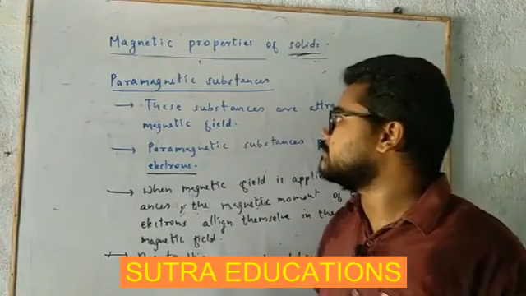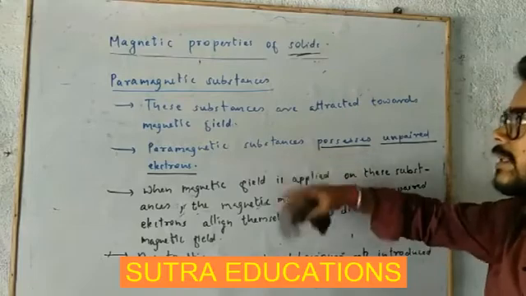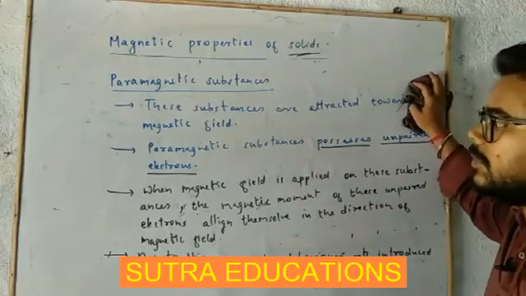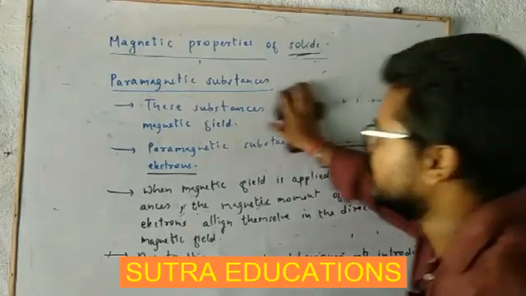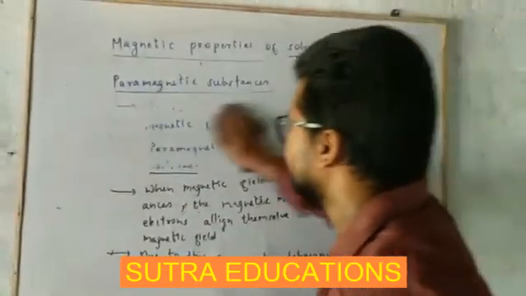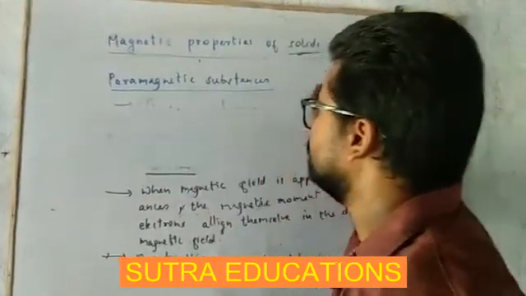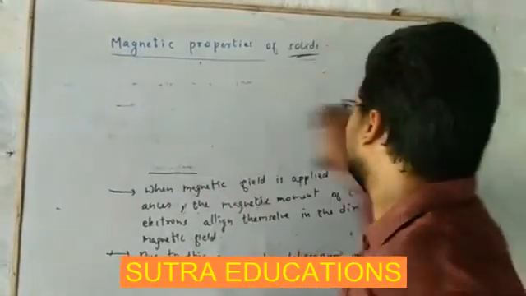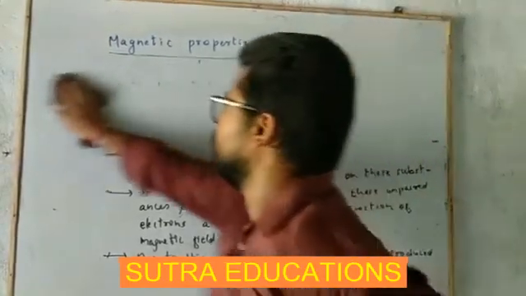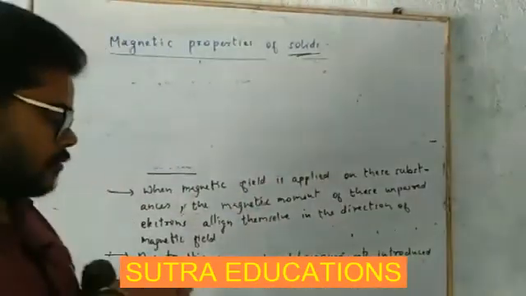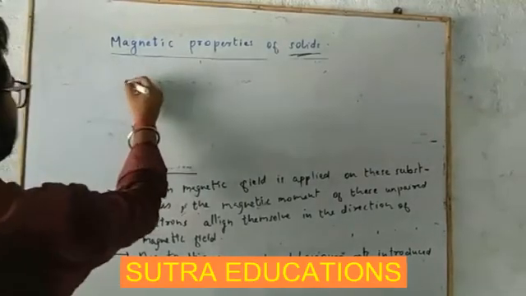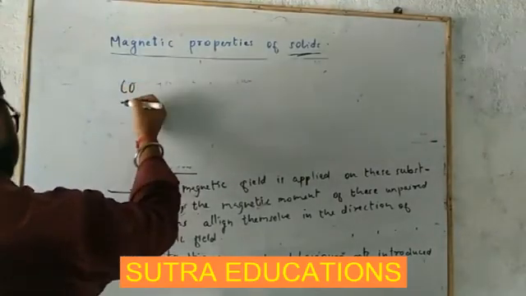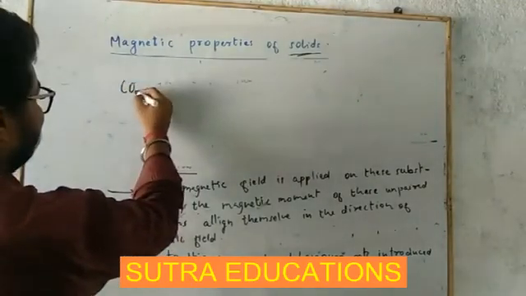I am just explaining why these substances are paramagnetic. So say it is cobalt. The atomic number of cobalt, I think, is 27.